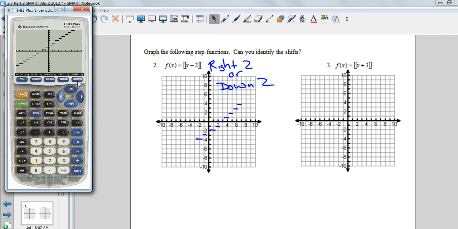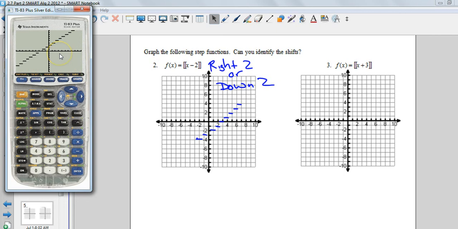Now, mine did not connect the steps, but some of your older calculators, even though it says dot mode, might still be connected. What you'll have to do is toggle between connected and dot one time. If it didn't connect them, then you have a newer calculator, and that's good.